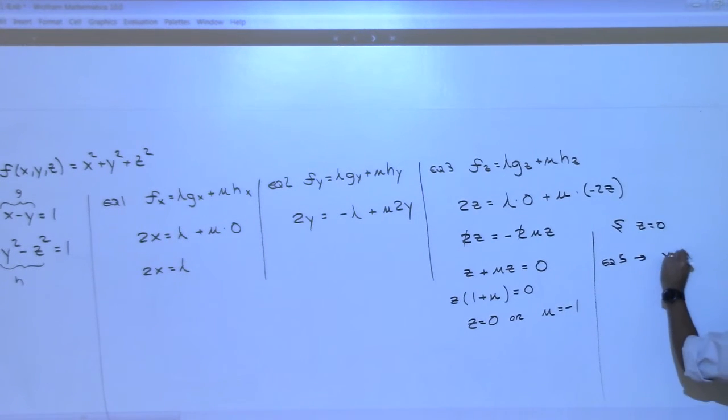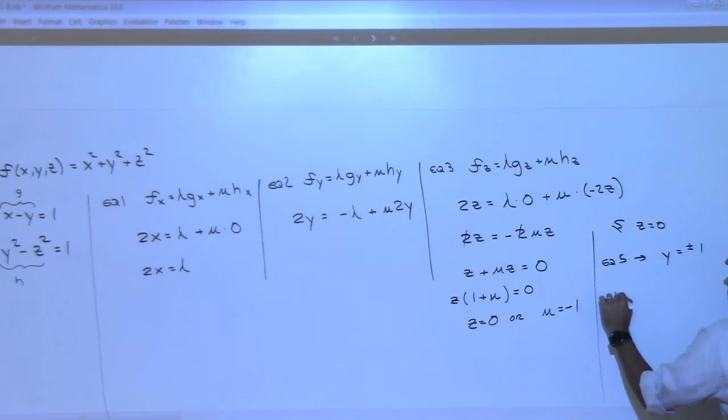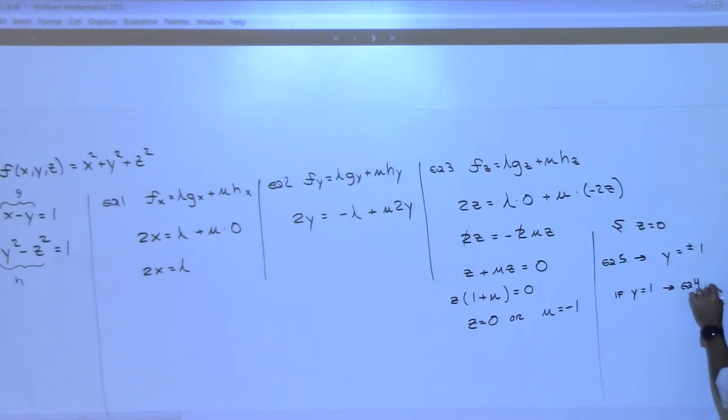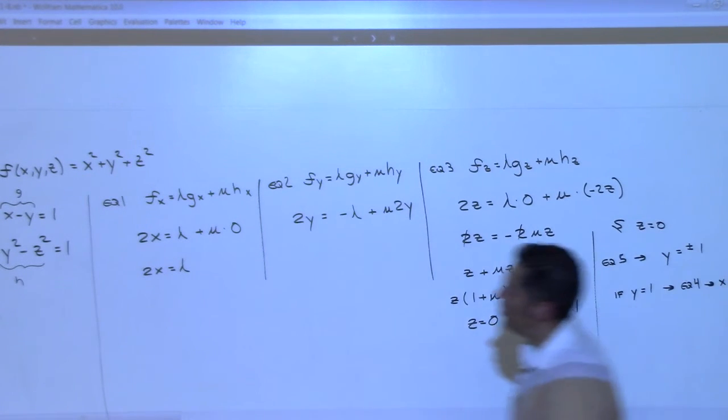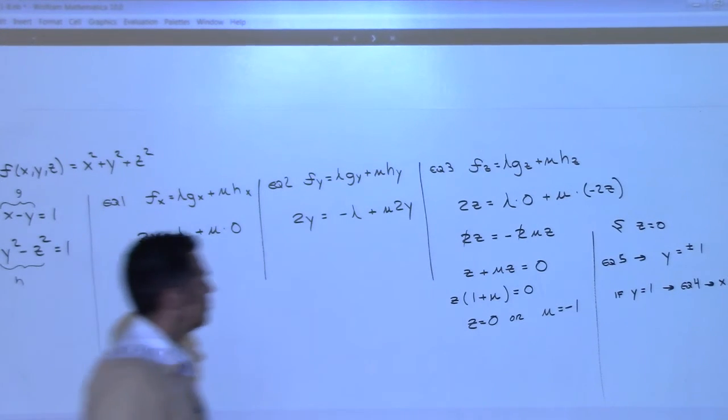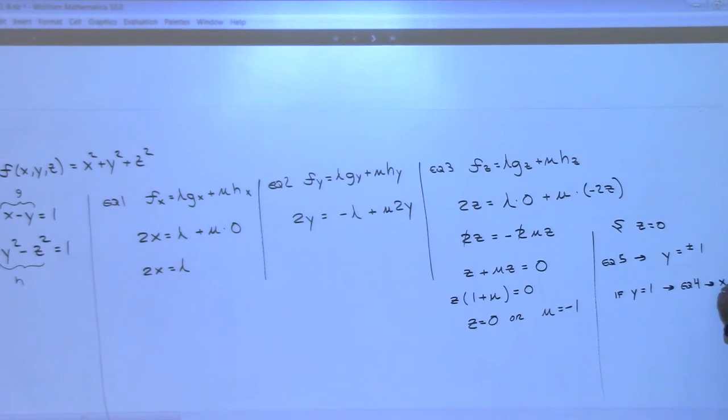That y is equal to plus or minus 1, right? So what if y is 1? What does that tell you x is? Equation 4 tells us x is, if y is 1, move it over, x is 2. Right? So we have 2, 1, 0, and then there's some lambda and some mu, right?